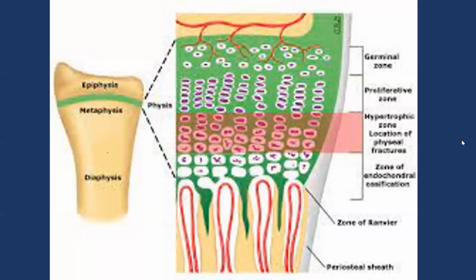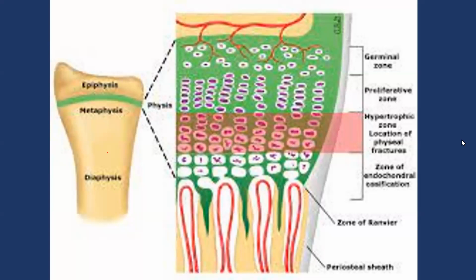Recapitulate. You know, the physis has the germinal phase, which is the resting zone. Then you have the proliferating zone. Then you have the zone of hypertrophy, where there's a large amount of glycogen.